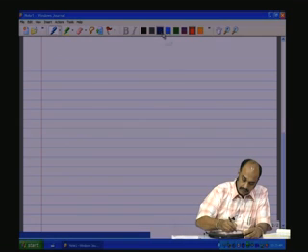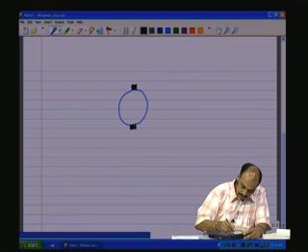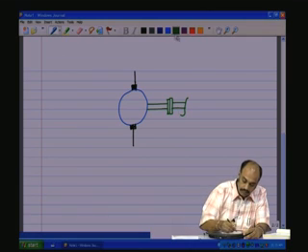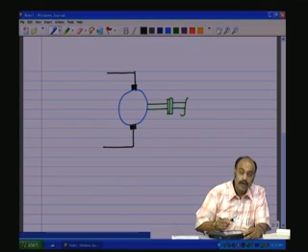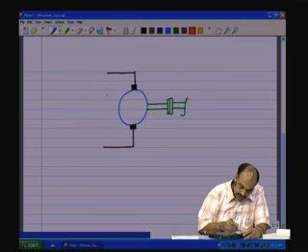So, we now have a motor with brushes as shown here, and the mechanical port in the form of the shaft, and the electrical port in the form of these black wires being taken out from the brushes.